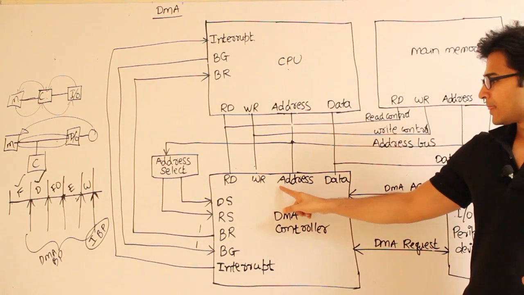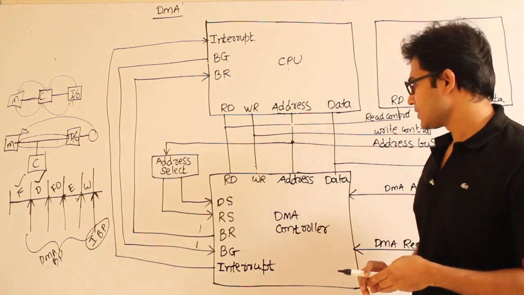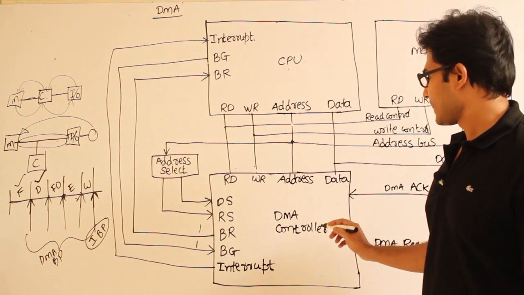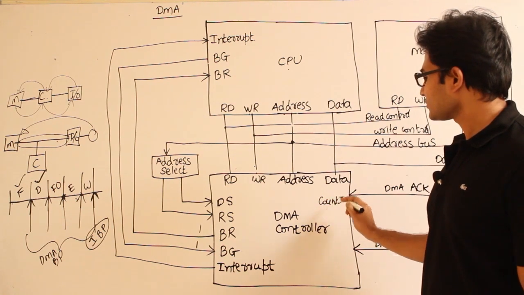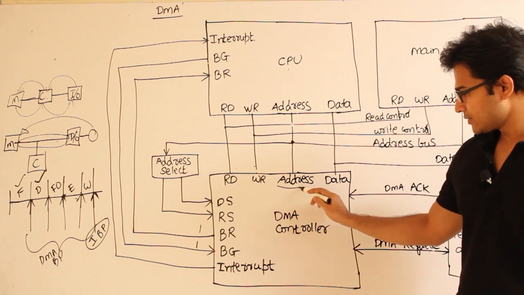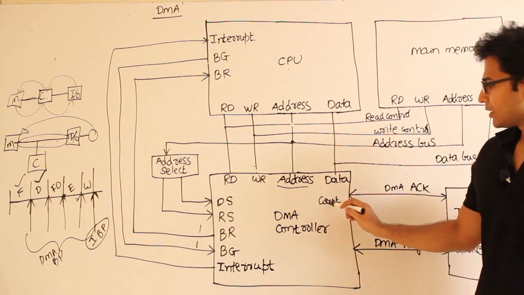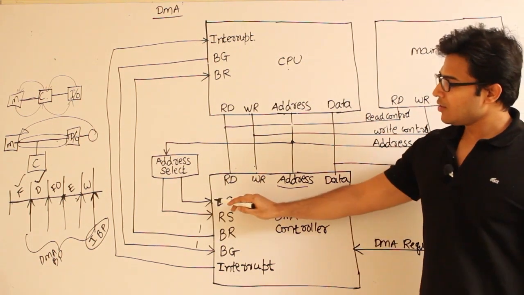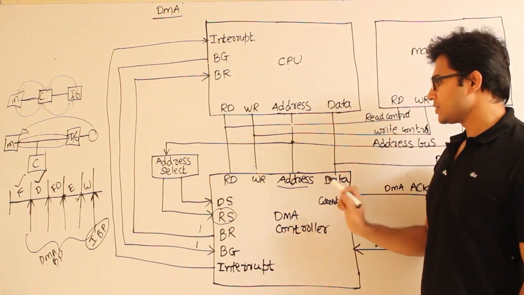One is address, and the other one is data, and there will be one more register which is called the word count. I think the data itself is going to contain the word count, so there is no need of this. Depending on what the register select bit is, one of these registers is selected.